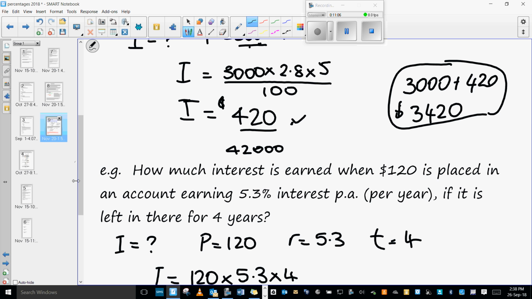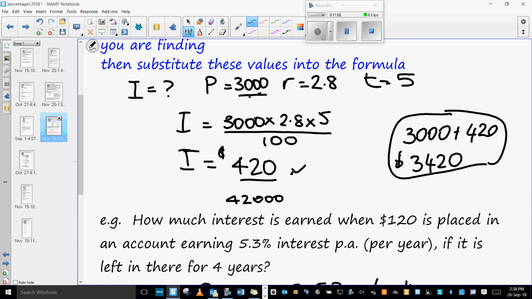Well, if I put $3,000 into an account and then they gave me $42,000, well, that's ridiculous, isn't it? So that would be something where you would be like, hang on a minute, something's wrong, or this bank's really stupid because they're giving away $42,000 and I only put $3,000 in. They're not going to be in business very long. We would love it, but I think everyone would try to put their money in and then go out of business. Okay, so we need to always think carefully, sensibly.